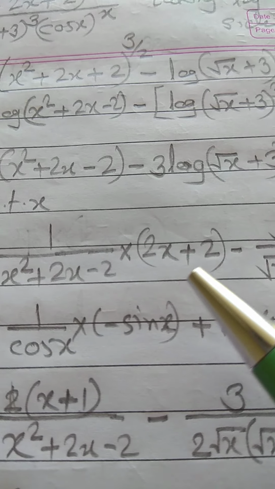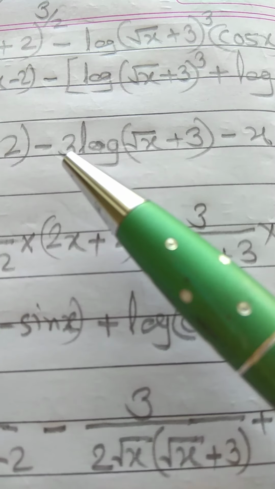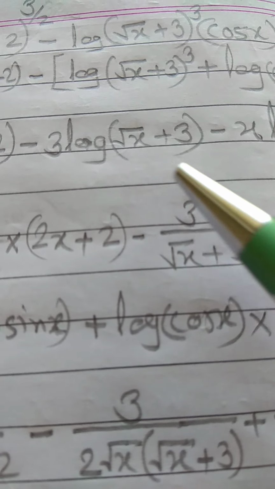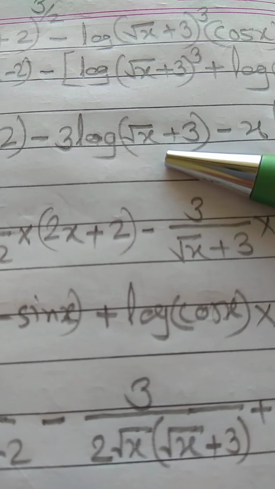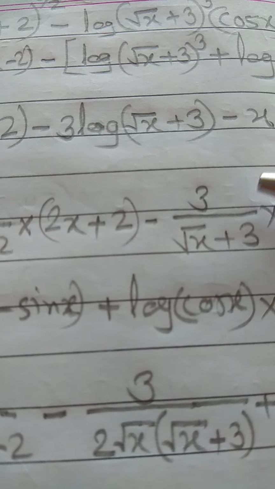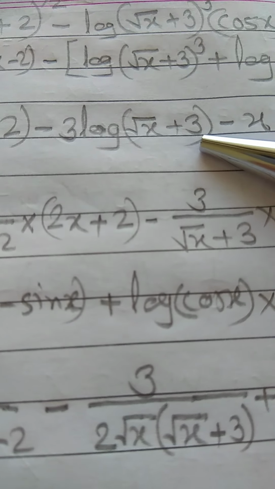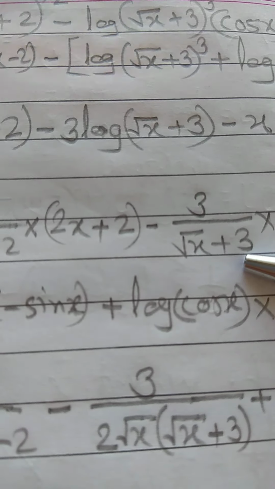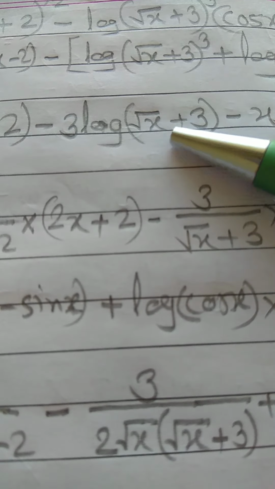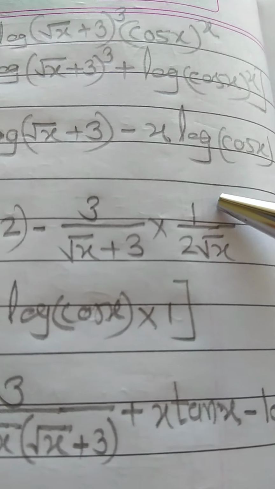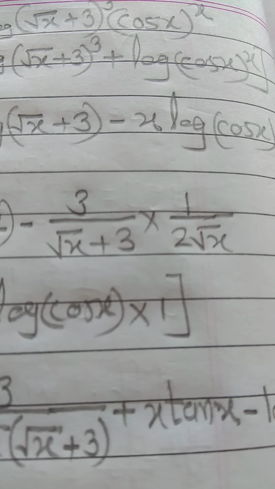So it will be 2x + 2. 3, constant along with variable as it is. Now derivative of log of something is 1 upon that thing. Therefore derivative of log of √x + 3 will be 1 upon √x + 3. Now derivative of √x is 1 upon 2√x.